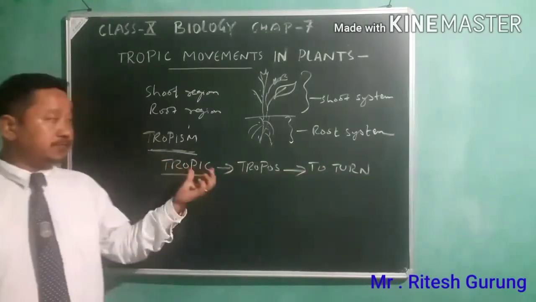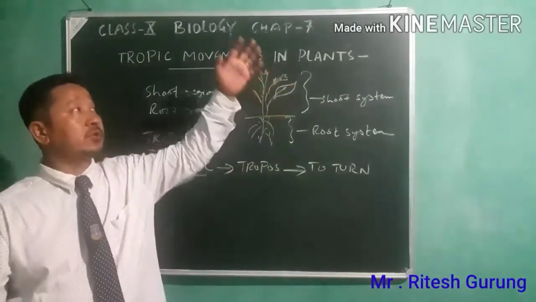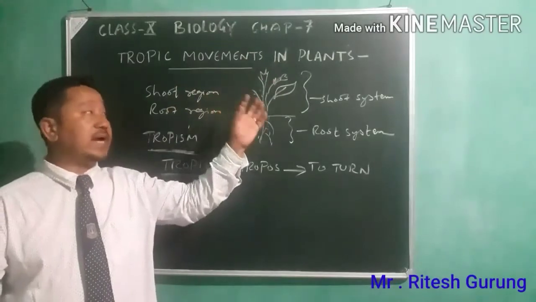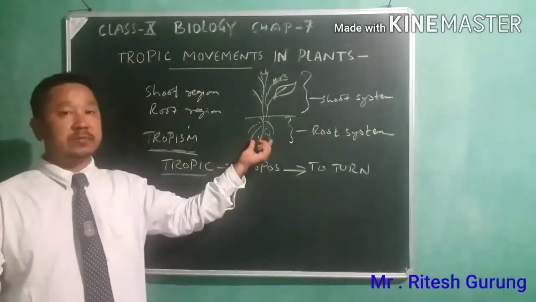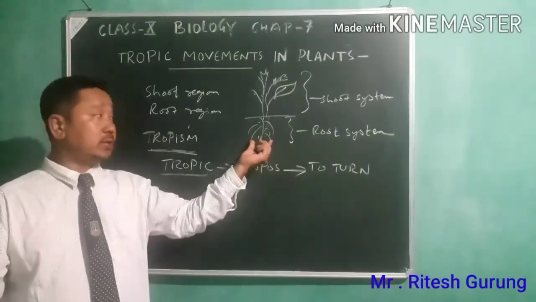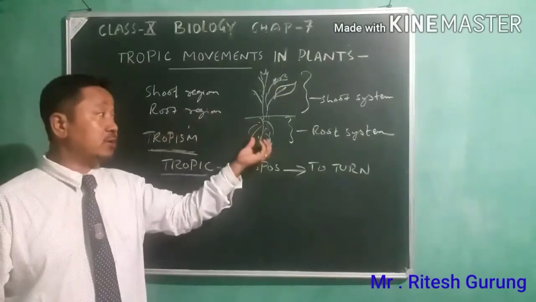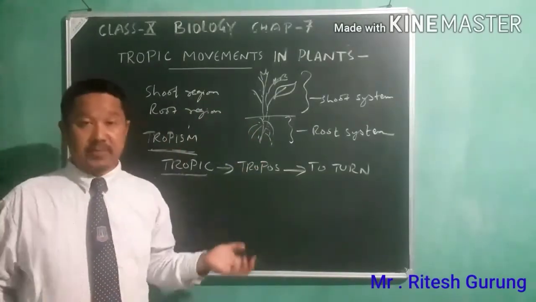So the shoot system is growing, showing the movement by its growth towards the source of light, and the root system is showing the response by growing towards the source of water or the soil or the minerals.